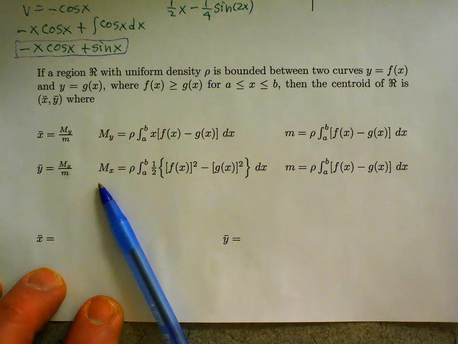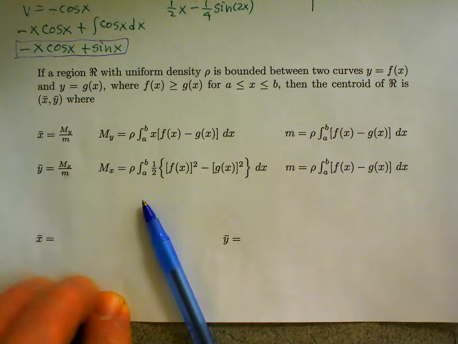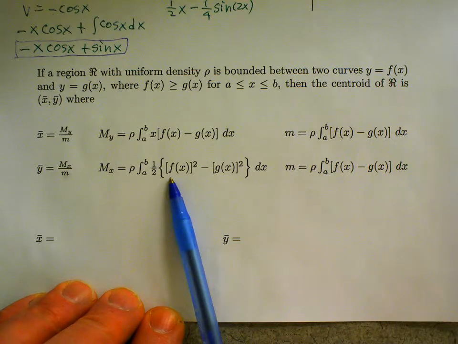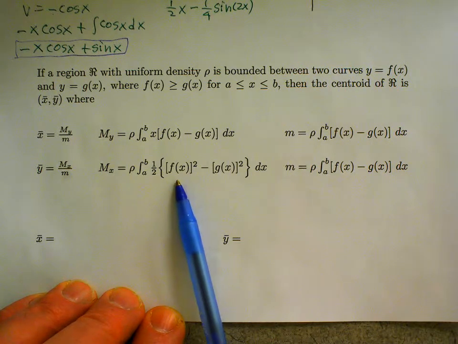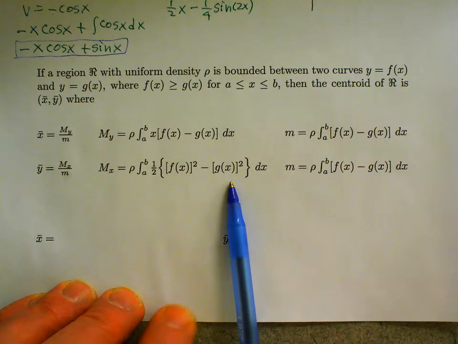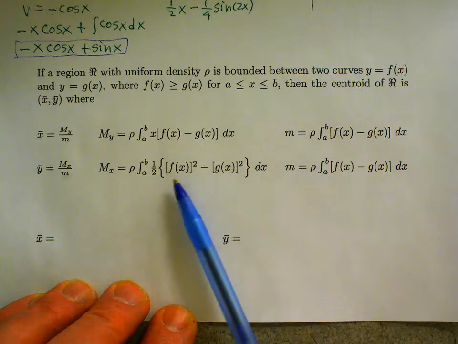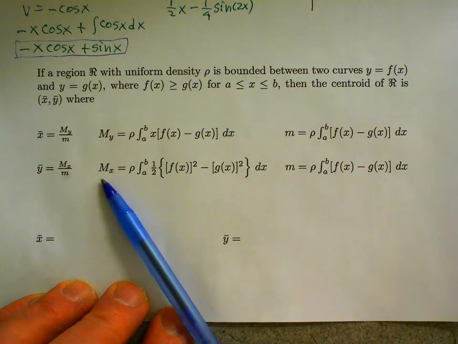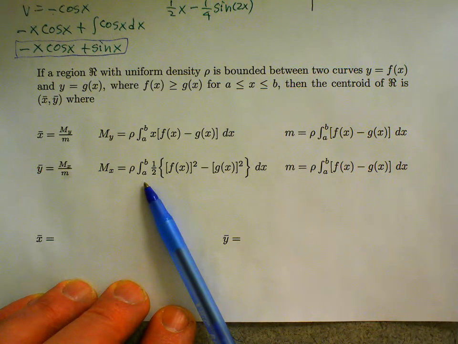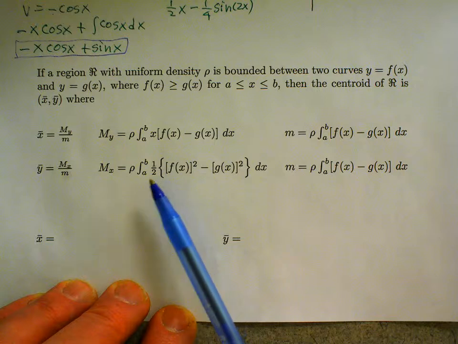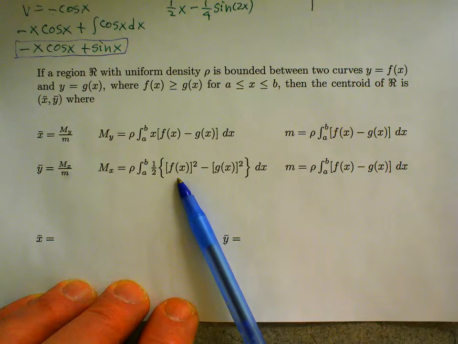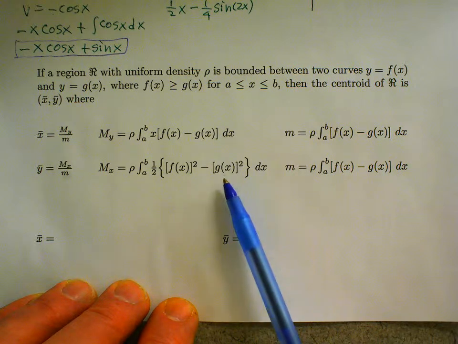The moment of the region about the x-axis, well, if you're not careful with the details, you could stumble over this. So the moment of the region about the x-axis is rho times the definite integral from x equals a to x equals b of 1/2 the quantity of the square of f of x minus the square of g of x.